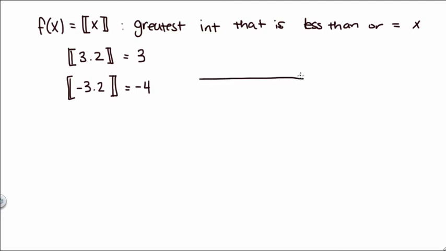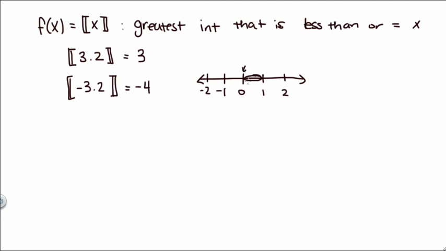So on a number line, so let's have 0, negative 1, negative 2, 1, and 2. So anything in here, right, whether that's 3/4, 0.2576, or anything within, if you find the greatest integer, it'll be 0, right?